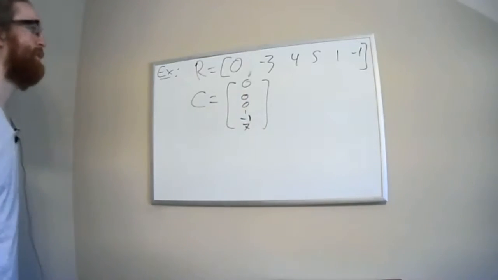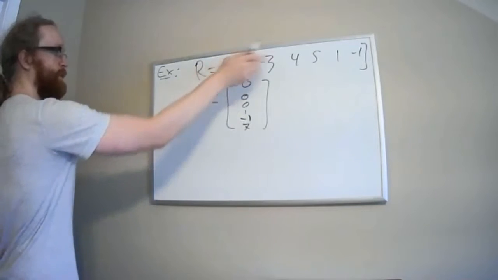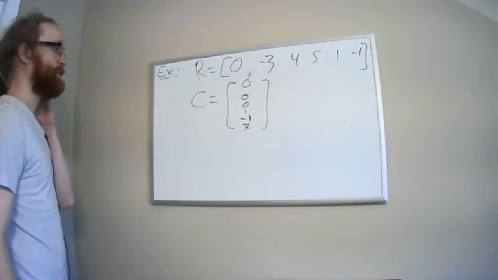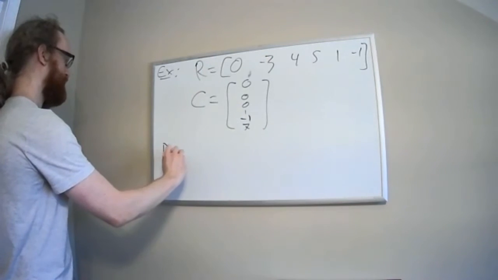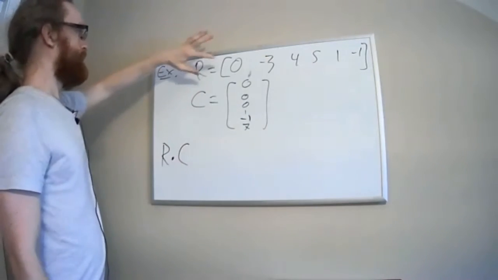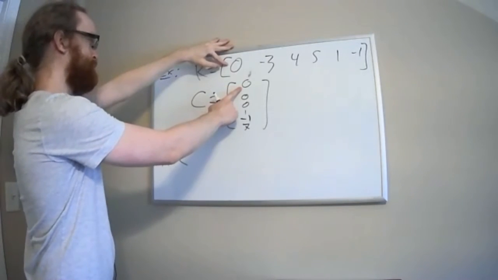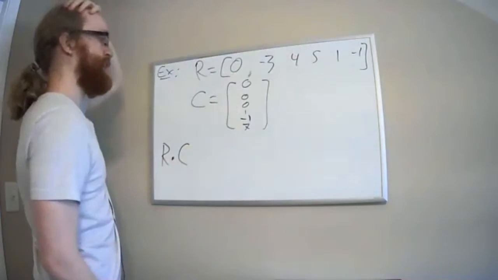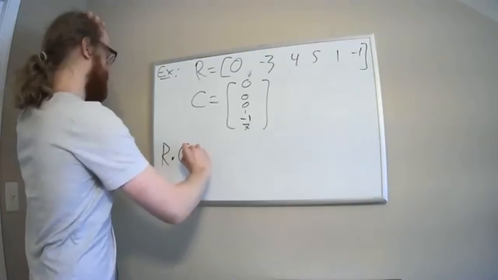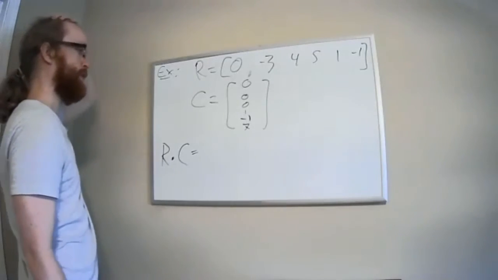Why not? Here are two vectors. I have a row vector and a column vector. We're going to multiply these two together, just like the last example. Again, all this says is take the first thing from the row multiplied by the first thing from the column, second times second, third times third, and so forth, and then just add up all of the results. And we're just going to treat it as a number, so I won't even write the brackets this time. We'll just get a number out of this.